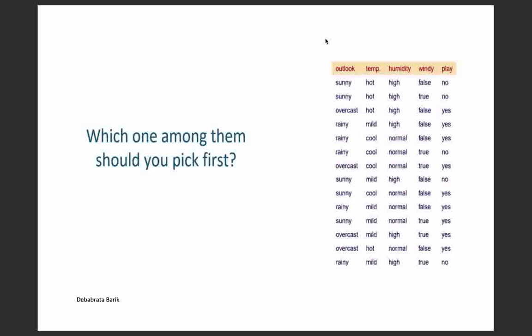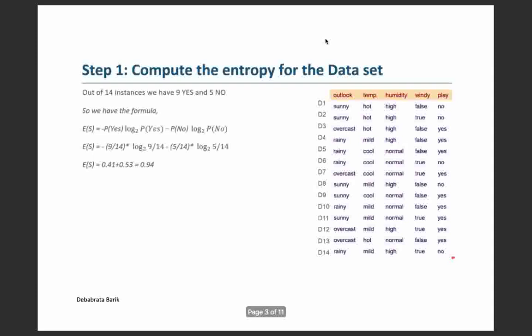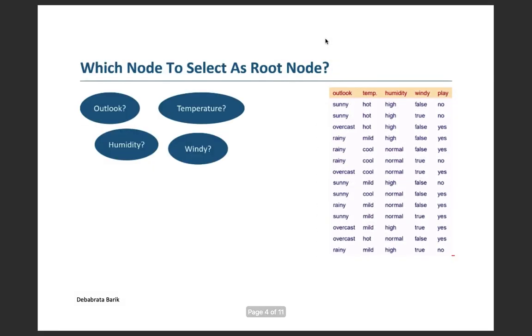Already we have discussed the decision tree induction algorithm in classification, right? And there we have seen that, based on different attribute selection measures, information gain, Gini ratio, Gini index, we have selected the root node, or the best node to start the decision tree.